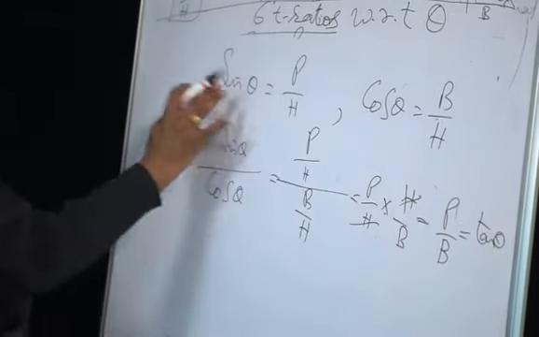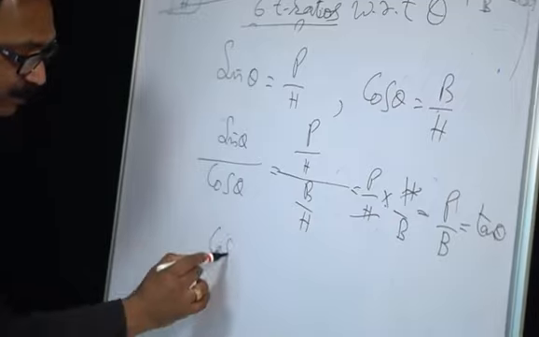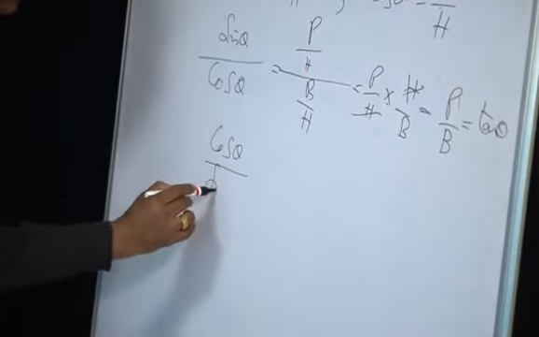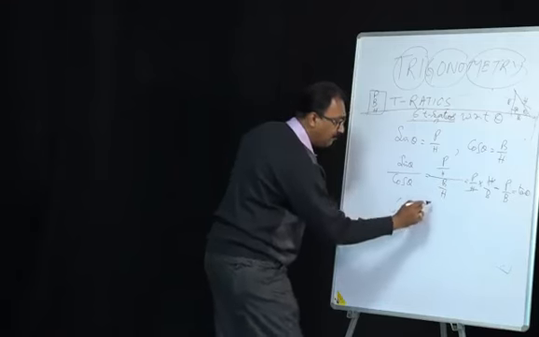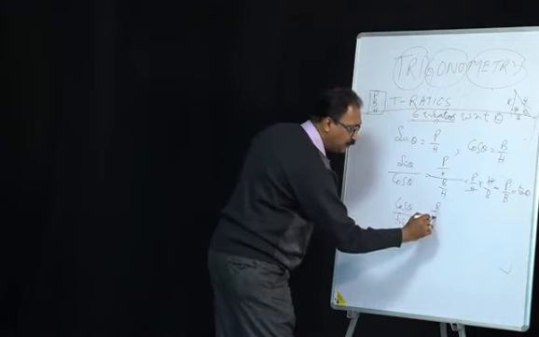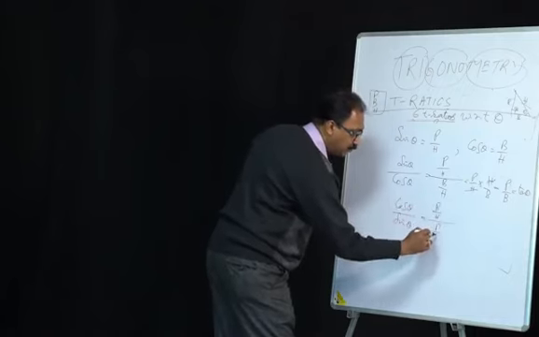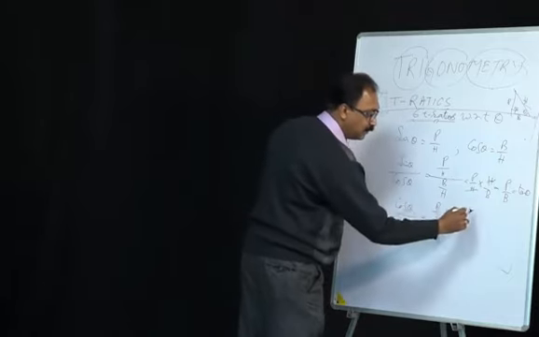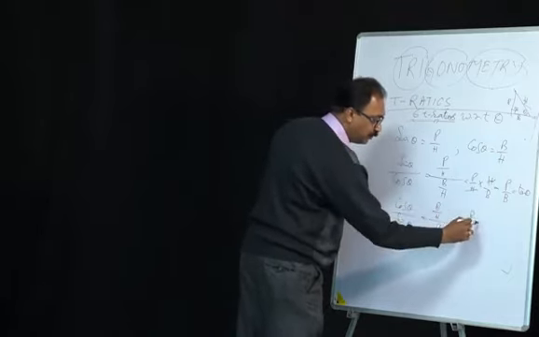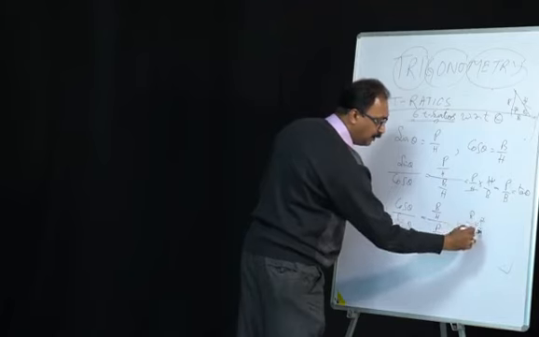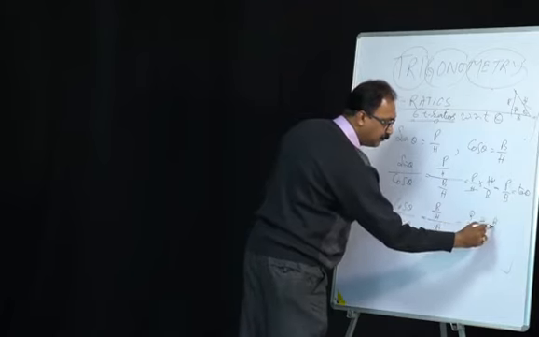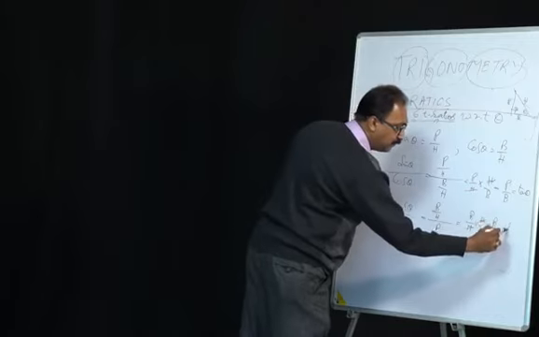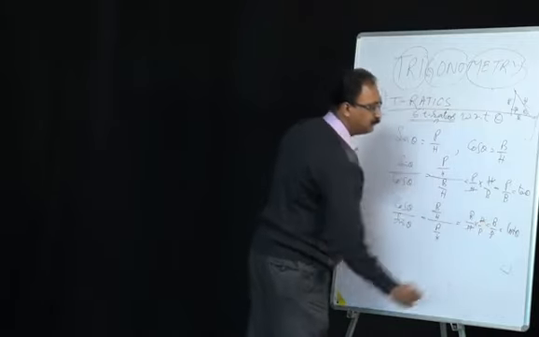Likewise, if I divide cos theta by sine theta, then it will become B by H and it is P by H. So it will become B by H into H by P, cancel, will get B by P and it gives us cot theta.